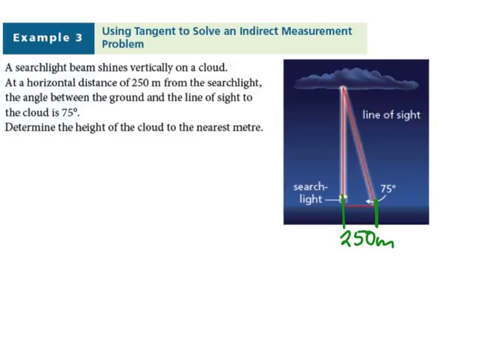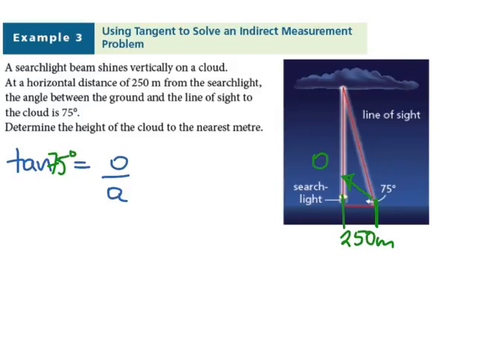Let's again write the tan ratio. The tan of the angle is opposite over adjacent. Let's label it with respect to this angle of 75. We know the opposite side is called the opposite, obviously.